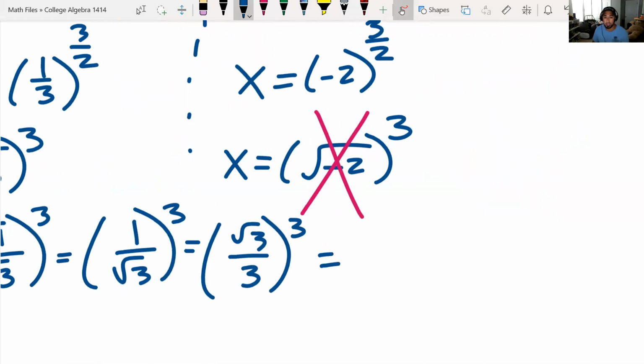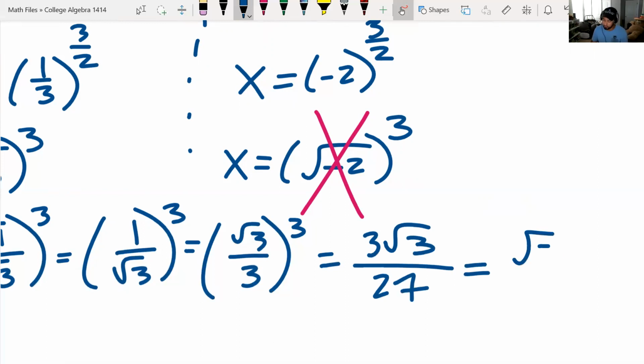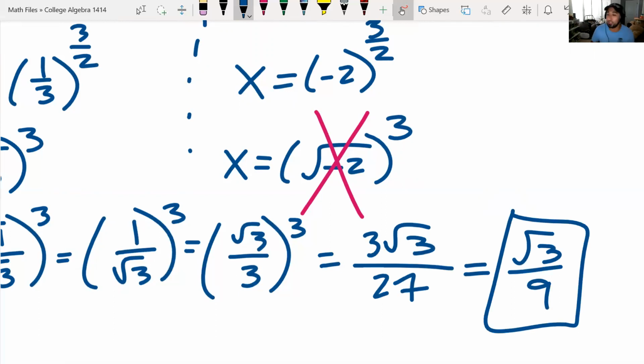That would be 3 square root 3 over 3 cubed, which is 27. And our final answer would be the square root of 3 over 9. There's your solution. My goodness.